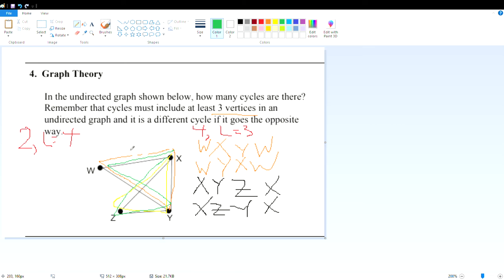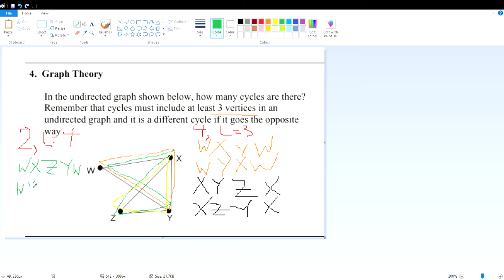So we can say W to X, to Z, then to Y, and then back to W. And then we can go the other way.